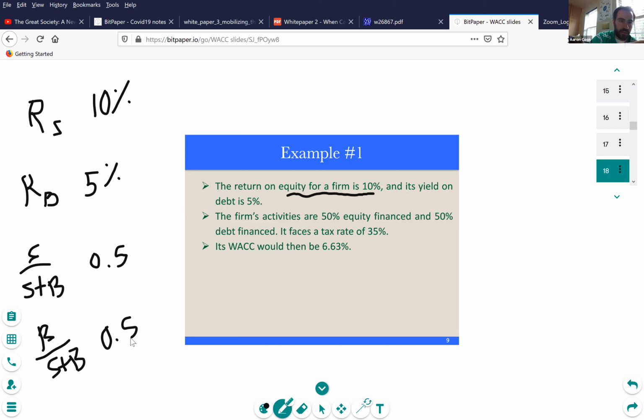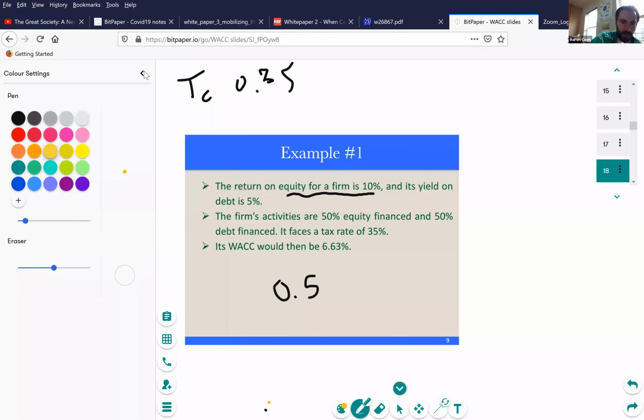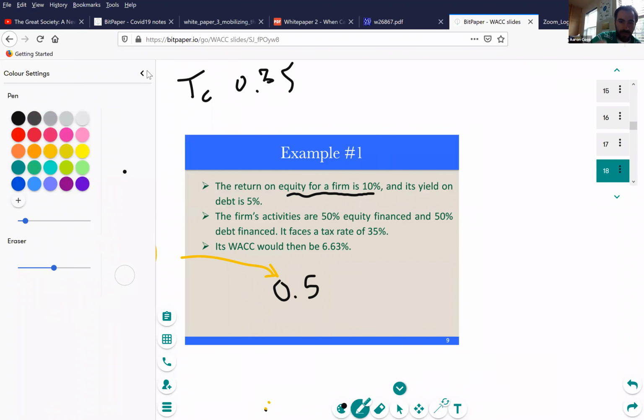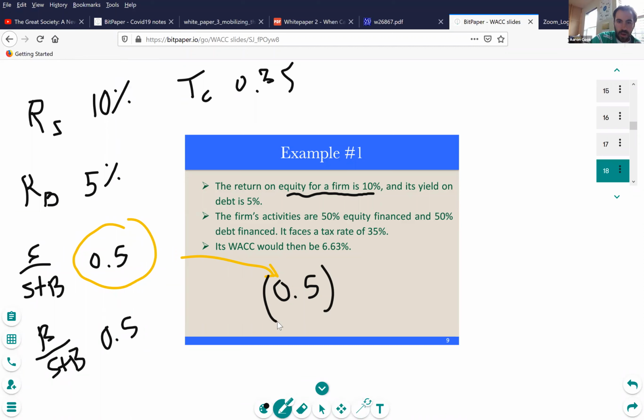And then the tax rate is 35%. So if we're doing this WACC calculation, we would just take the S over S plus B. That's the 0.5. So this number goes right there. That gets multiplied by RS, which is 10%.